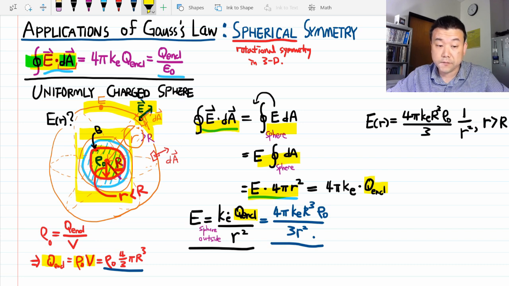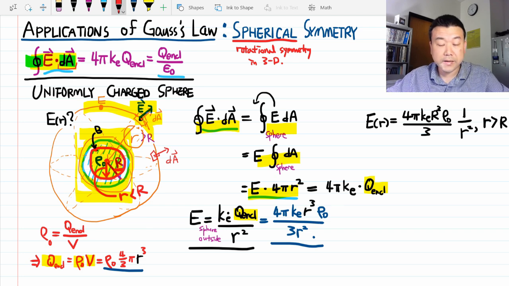Outside the Gaussian surface, these are not charges enclosed, so we can't include them. So going back through the derivation, there it is. Instead of capital R cubed, I would put in lowercase r cubed. That's the radius of our Gaussian surface. So plugging that in for Q enclosed, I get lowercase r cubed instead of capital R cubed.